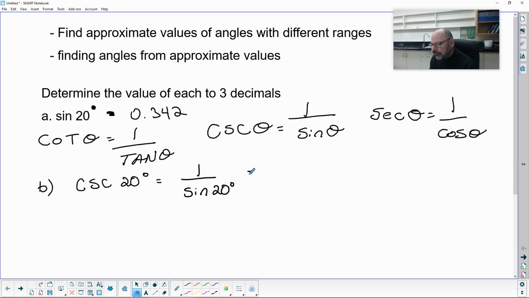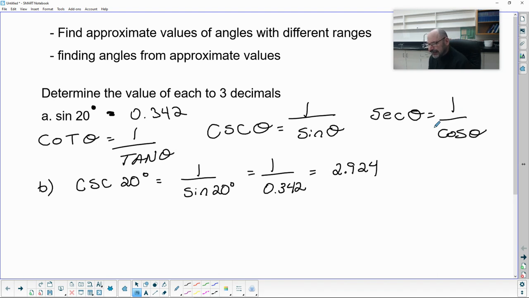So this is equal to 1 over 0.342. Divide that out on your calculator and you get 2.924. That's how you find approximate values. It's on your calculator for 3 of the functions; for the reciprocal functions, these are the relationships you use. You just flip them over, basically.